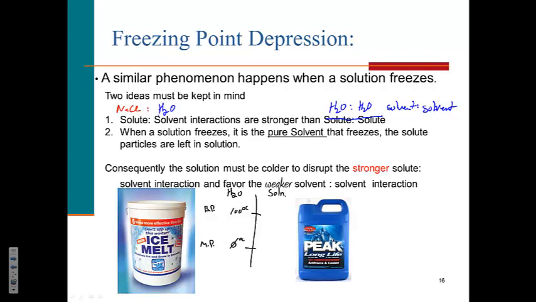Okay, so that's for water. For a solution, the boiling point is higher, for reasons we already talked about. So we have boiling point elevation. We also talked about how when we freeze water, it's the pure water that has to separate out, so we have to break the stronger sodium chloride water interaction than just a plain water-water interaction, so we have to get it colder, so the melting point goes lower.